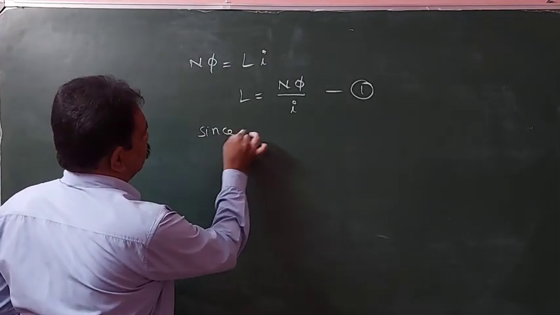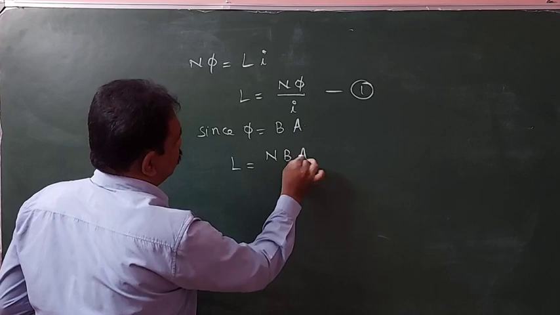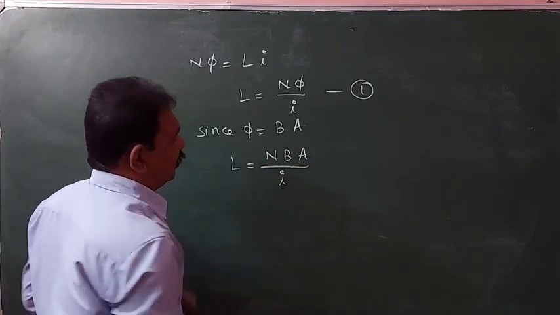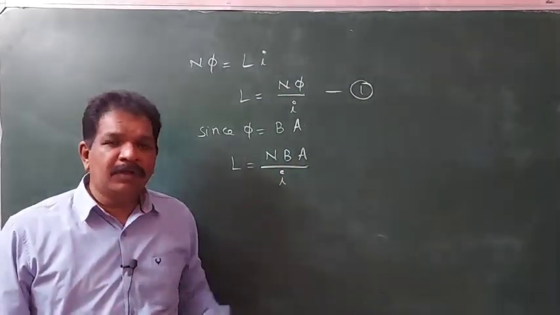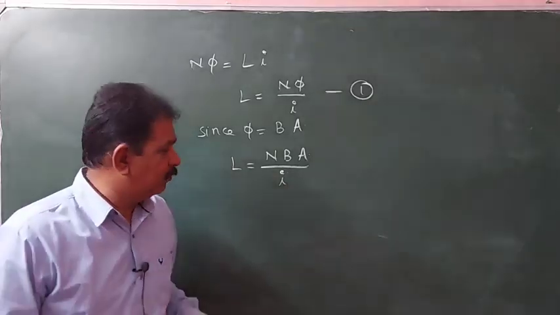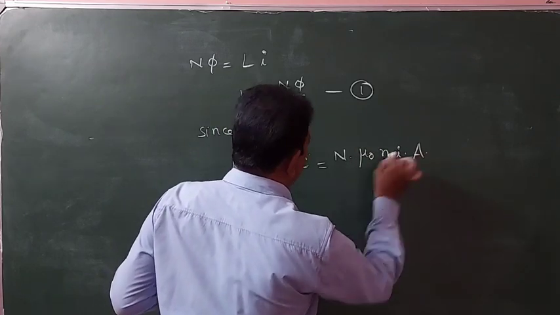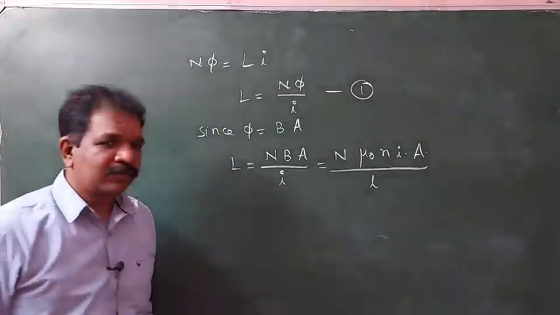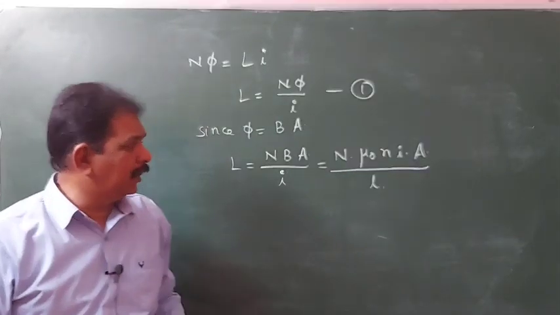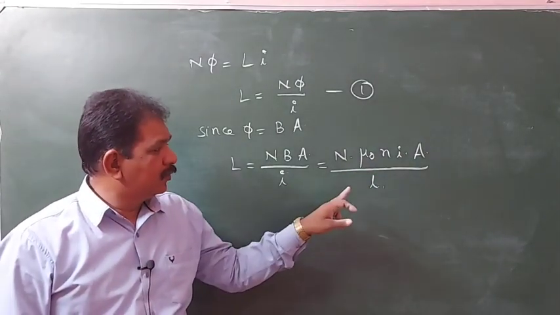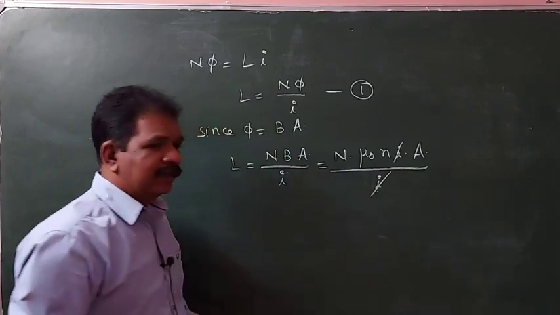Since phi is equal to BA, L is equal to NBA by I. Here the B value is mu naught n I. So this is N into mu naught n I into A by L... wait, N into mu naught n I into A, divided by I. The I will cancel.